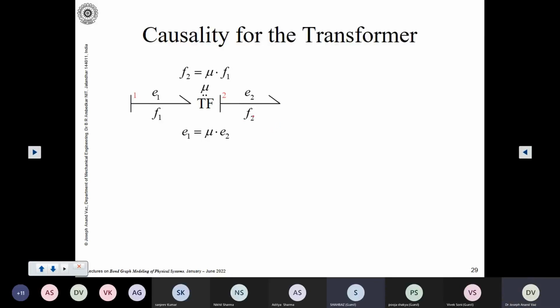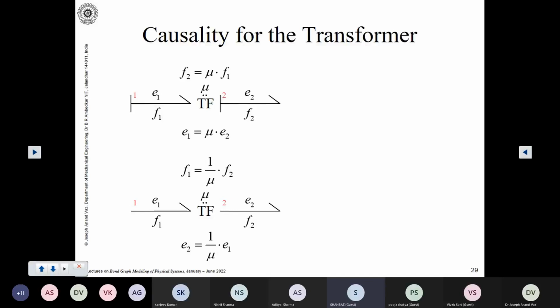If you look at it from the other side, you can see effort 2, if it is input, then it will produce effort 1 as the output, which is visible in this relationship. So you can also represent the transformer causality like this, where the input is effort 1 and output is effort 2.